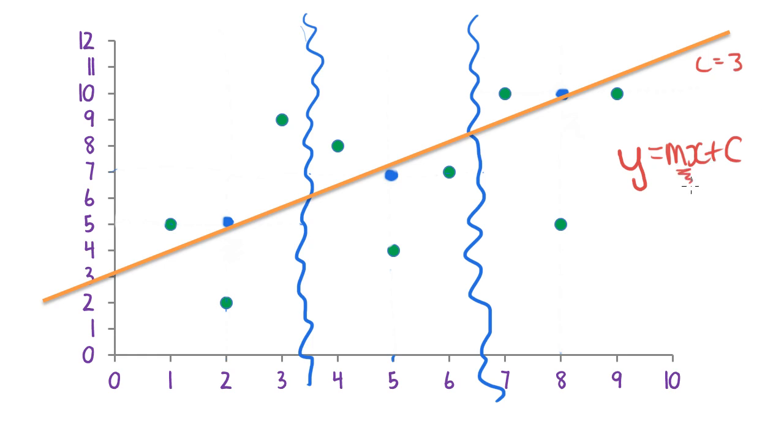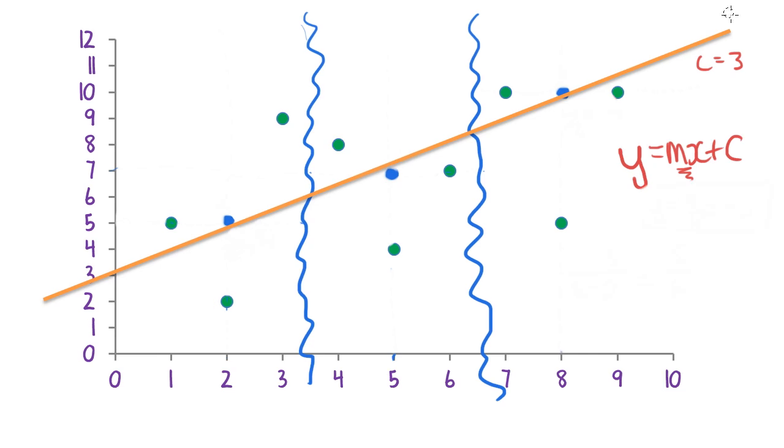Now what is m? M is the gradient. And for that I need 2 points on the line. But a more accurate way than trying to guess a couple of points on this line would be to use 2 coordinates that I know the gradient for definitely. Because these 2 points, even though they don't fall exactly on this line that I've drawn, they're parallel.